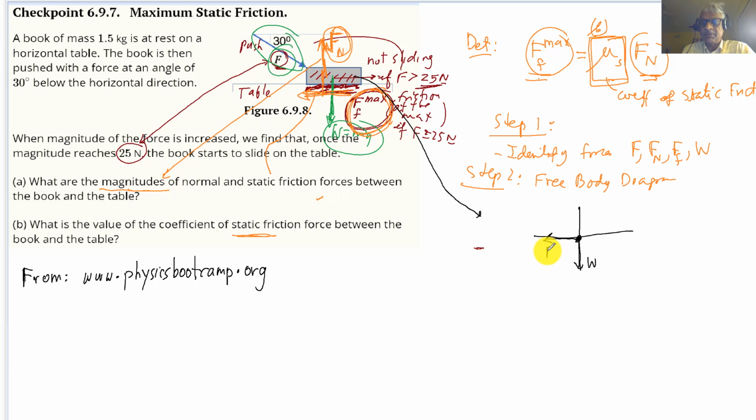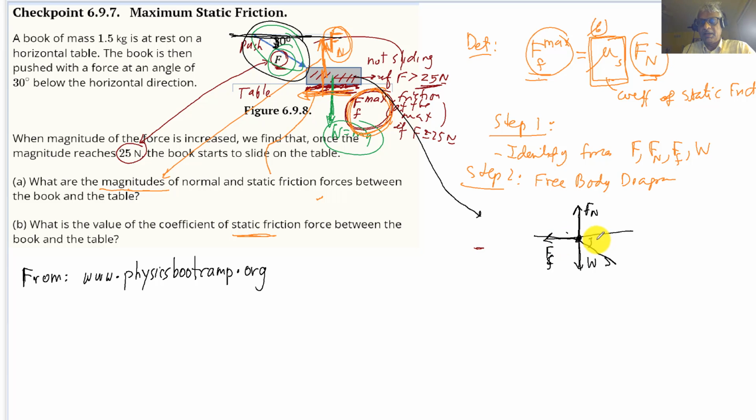So we'll draw F, and normal will be like that, and this force is pointed into it, but we draw it as if coming out like that. So if this was 30 degrees here, this will be 30 degrees.